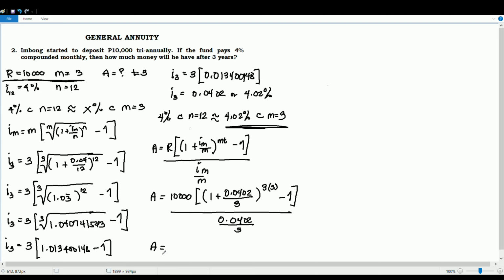So the annuity is now equal to, let's simplify the number inside the quantity and the denominator.